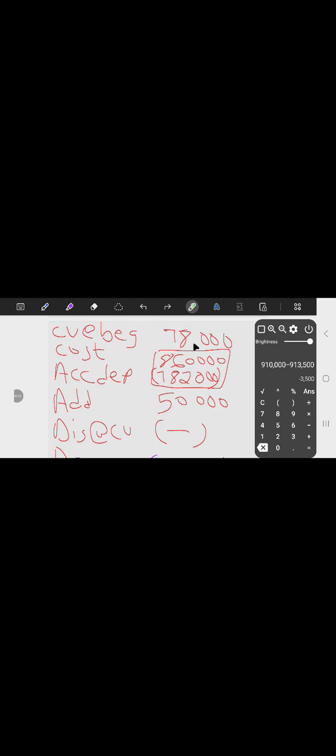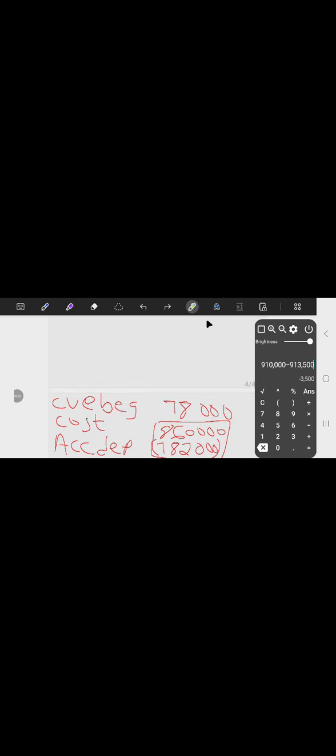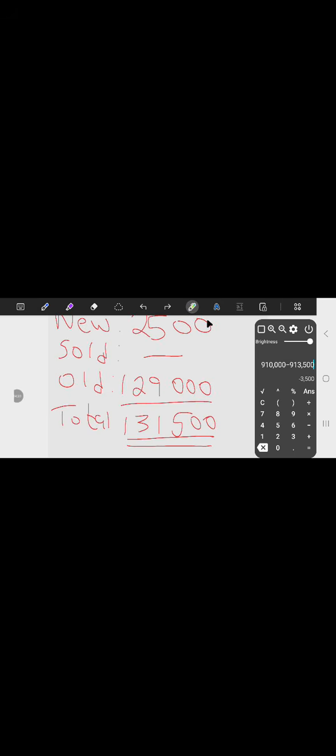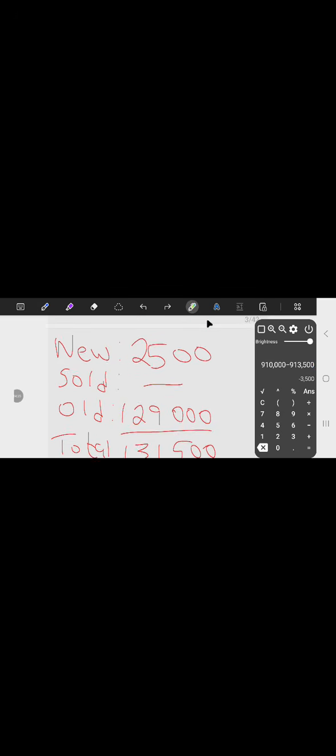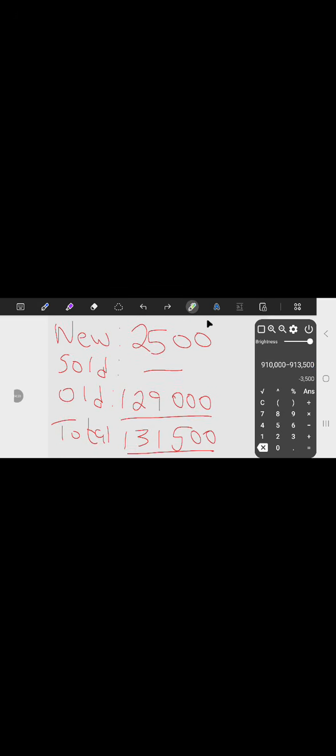Now, we have the 78,000 as our carrying value at the beginning of the year. And we have our 129 as the depreciation. That is not doable. Fine.